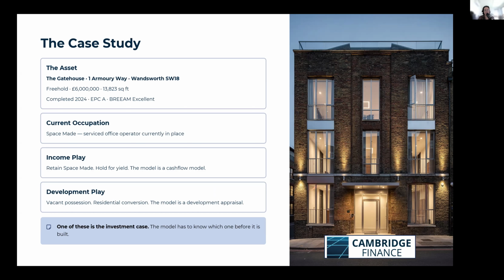Okay, so you need to be very comfortable with this. And then what you need to understand is how those models will fit each profile. With the income play, there isn't much to do, because the only thing you can think of is getting a new tenant in.